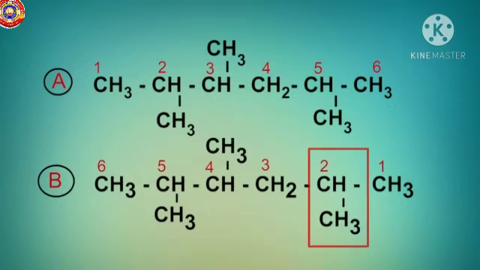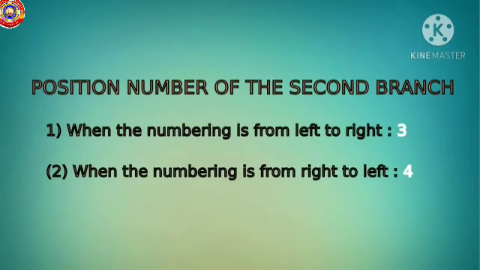It is also 2. In this compound, you can see that the position number of the first branch is equal in both structures A and B. So, we have to find the least position number for the second branch. The position number of the second branch in structure A is 3 and that from right to left in structure B is 4.